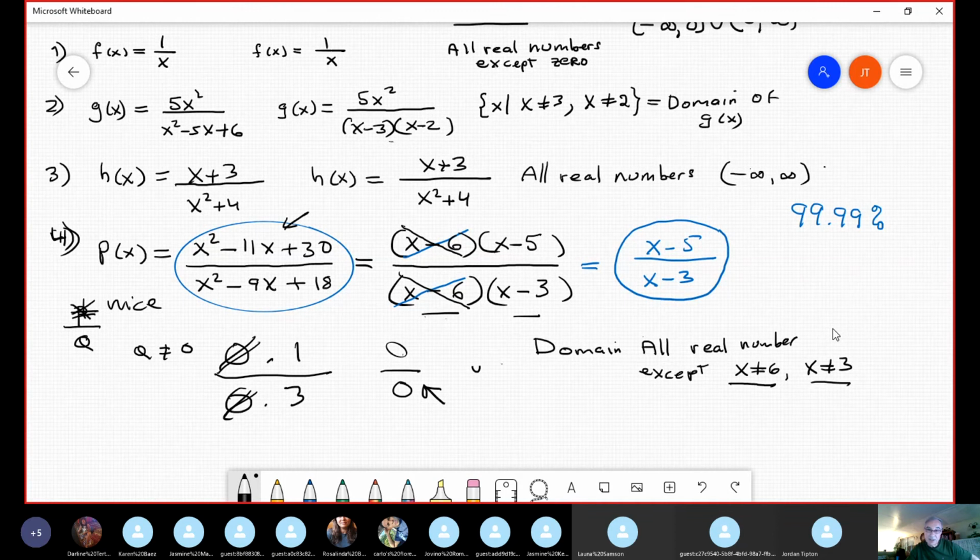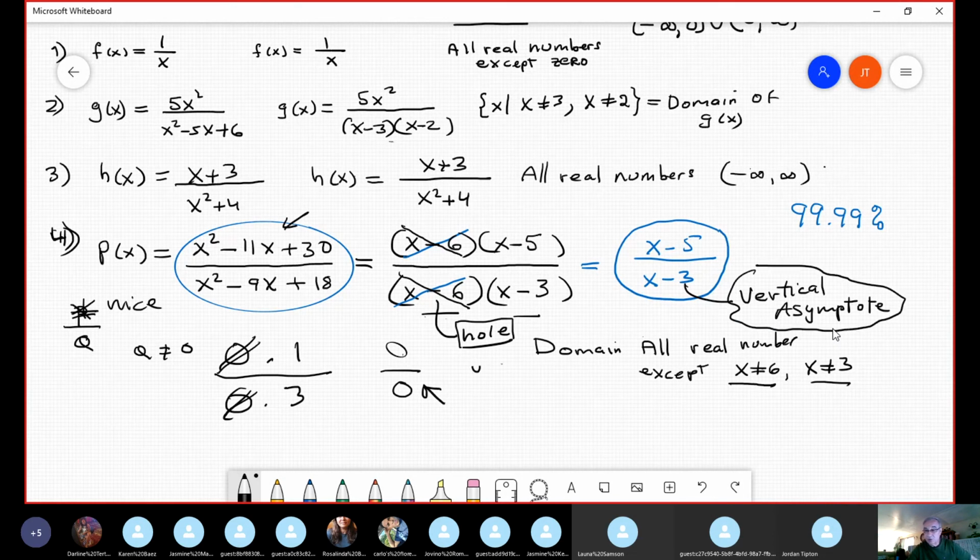Okay, I want to explain that this looks like a vertical asymptote. I want to explain now. And this is no vertical asymptote. This is a hole. And you need to understand very well, not today, I suppose, the difference between holes and vertical asymptote. Okay? This is completely new.